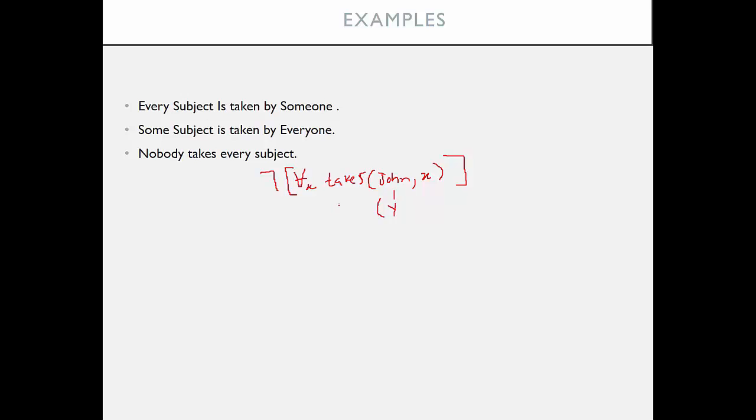So this gets modified to this. Since everyone is involved in this, it gets modified to y. So this means that nobody takes every subject, this means John doesn't take every subject. Since everyone is involved, we represent it with a variable y, and it means that everyone is not taking every subject.